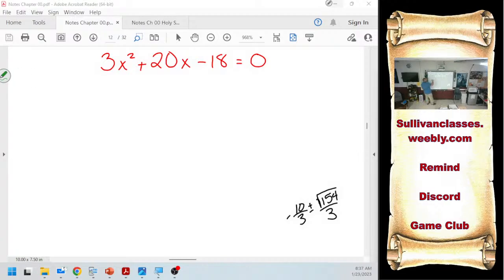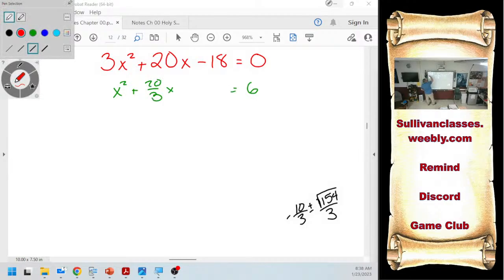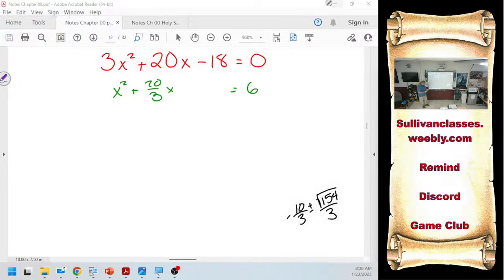So step one. After we've reviewed this a little bit, are y'all okay with me just combining steps 1 and 2 a little bit faster? Okay. I'll add 18 over there and divide everything by 3. When you add b over 2 squared to both sides, don't overthink this.